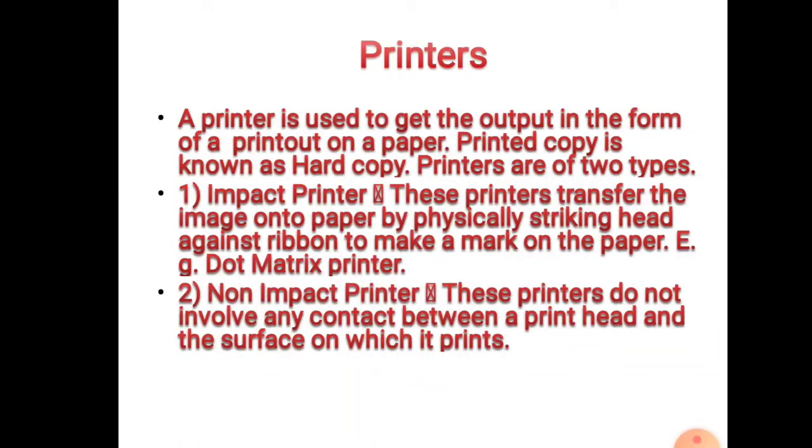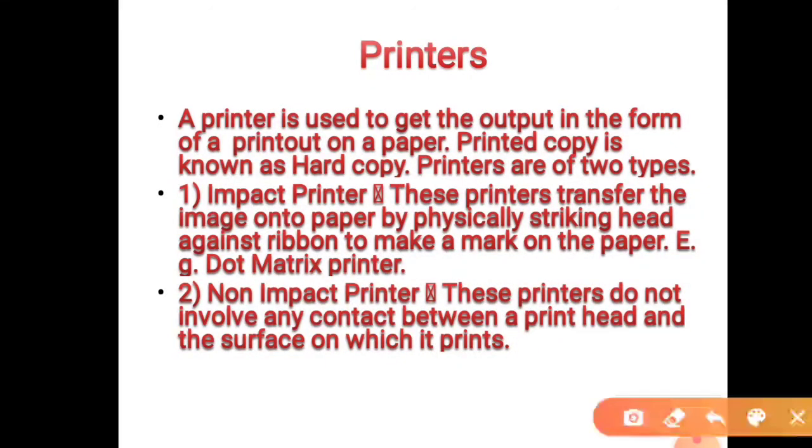Impact printers transfer the image onto paper by physically striking a head against a ribbon to make a mark on the paper. An example is the dot matrix printer.